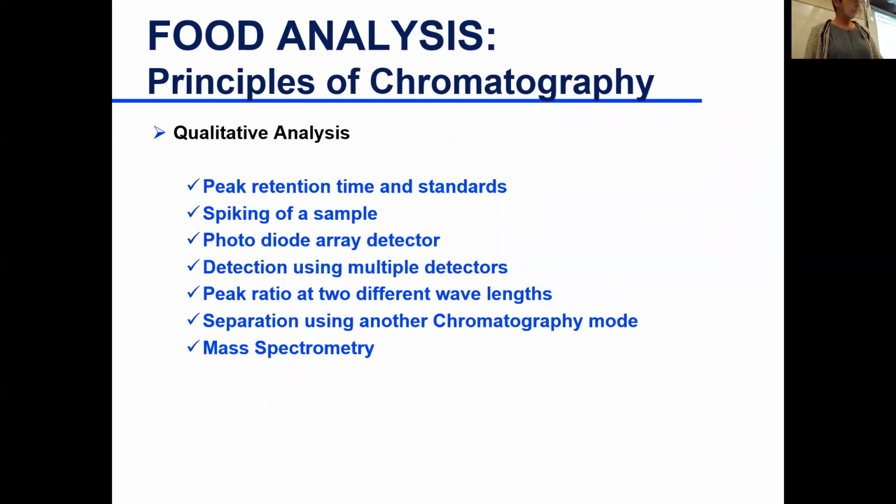So there are two types of analyses with chromatography: qualitative analysis and quantitative analysis. With qualitative analysis, we're often looking at detection and identification, not necessarily determining amount. And in the GC lab, you do something called semi-quantitative.